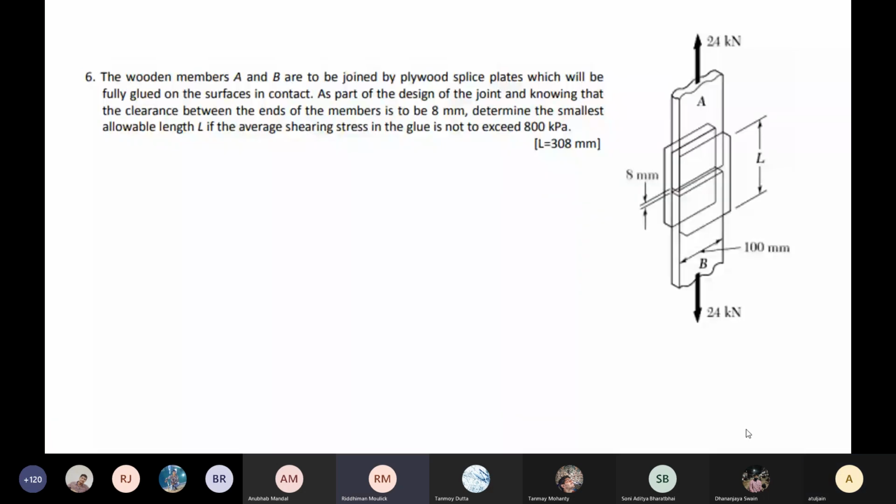So, for calculating the shear stress in the two wooden plates, wouldn't it be like distributed like 24 by 2? 24 by 2 is the force, and then in the area we take like L minus 8 into that width. Because the answer was matching if we take 24.